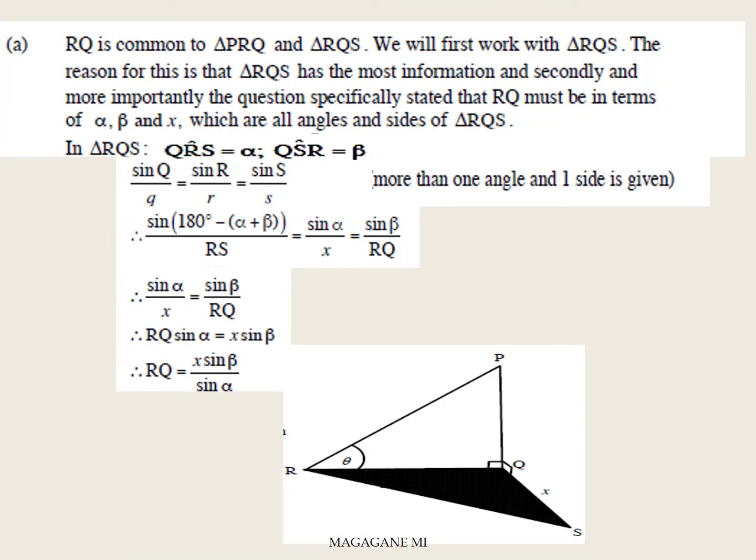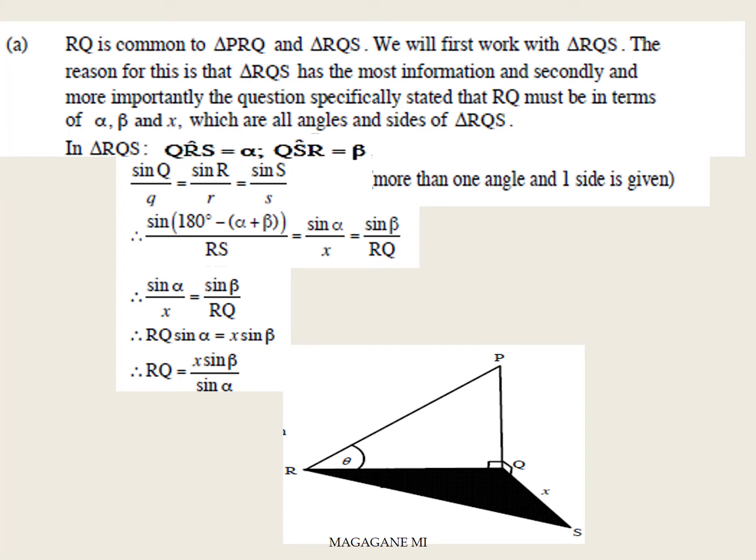So if you check triangle RQS, we know angle QRS and angle QSR, which are alpha and beta, and we also know side X. Therefore, we'll use sine alpha over X equals sine beta over RQ.